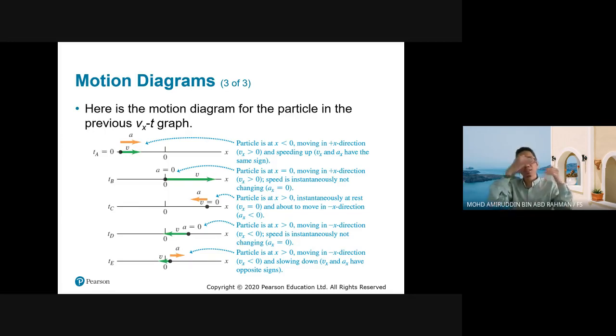But if it is moving downwards below the line, then the acceleration will be negative. So that's the summary of how you can define the positive and negative of velocity and also acceleration.